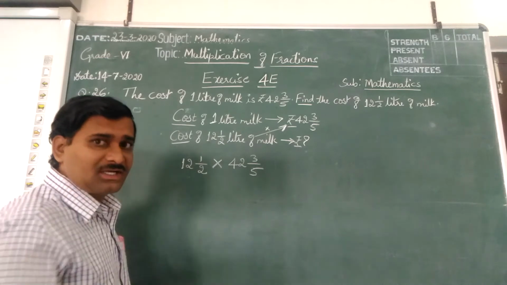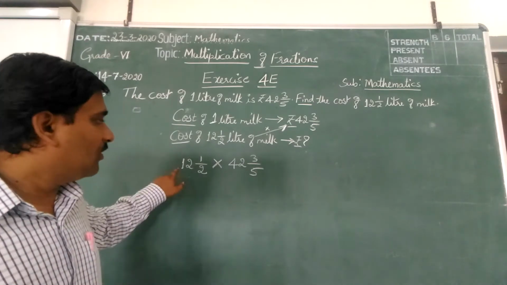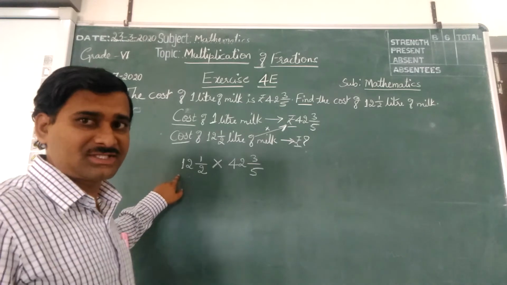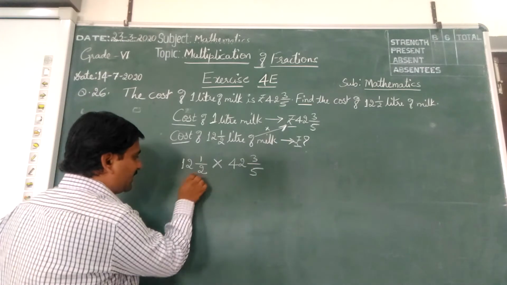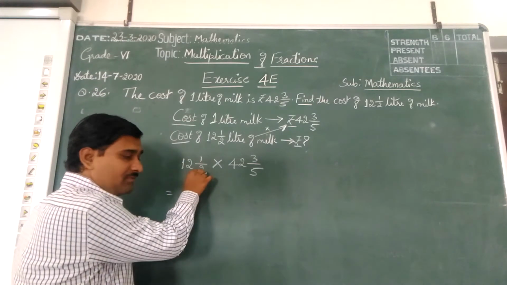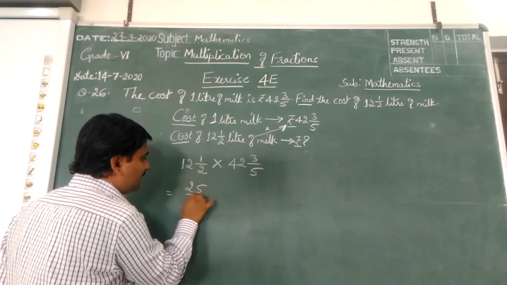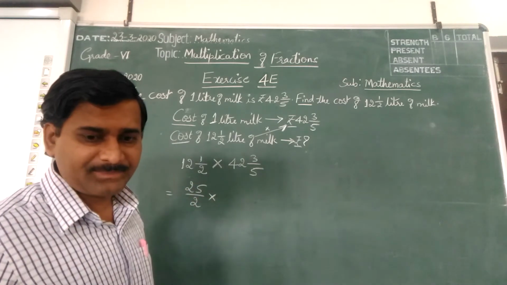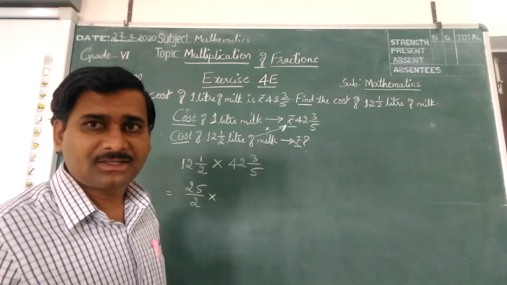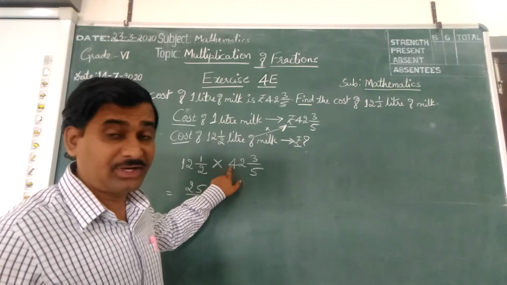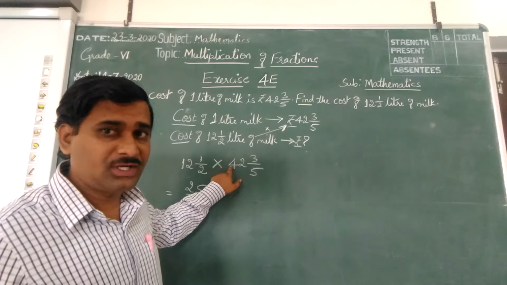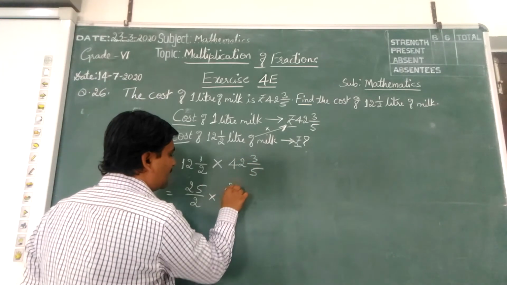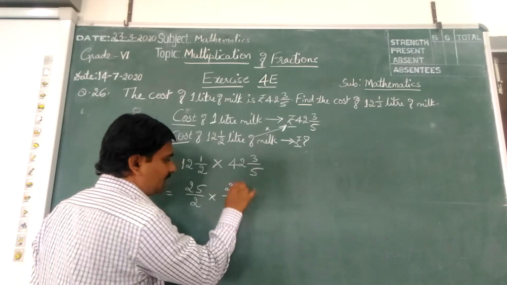You know very well, children, when you get mixed fractions, your first step is to convert them to improper fractions. 12 2s are 24 plus 1, 25 by 2, into 42 5s are 210. 210 plus 3 is 213 divided by 5.